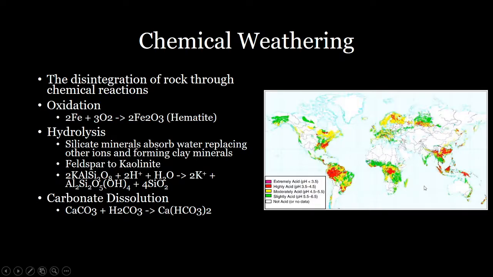Generally, soils that have a lot of rainforests and a lot of productivity tend to have fairly low pHs. You can see here the Amazon rainforest and Southeast Asia tend to have very low pH soils. And so this carbonate dissolution can happen underground as well and further weather the rock.